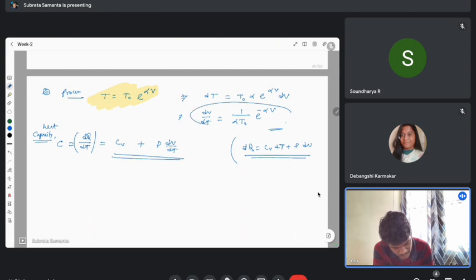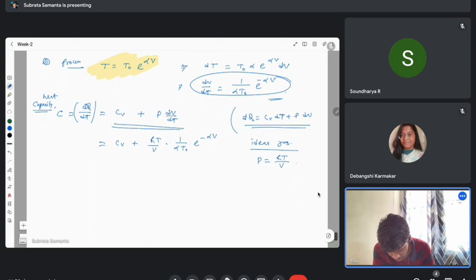Once you know this dV/dT, we just put it in there. So CV plus, what is P for an ideal gas? Again we consider the ideal gas. So P is RT by V. So RT by V times dV/dT is 1 over alpha T naught e to the power minus alpha V, right? So that means we get CV plus.